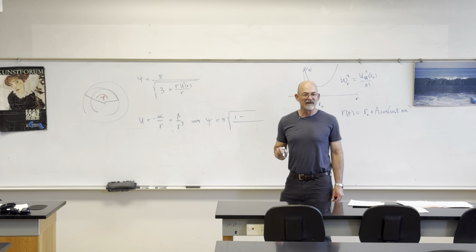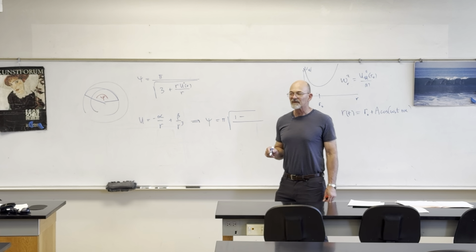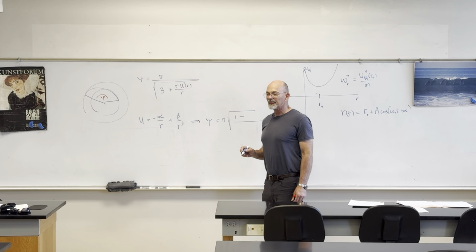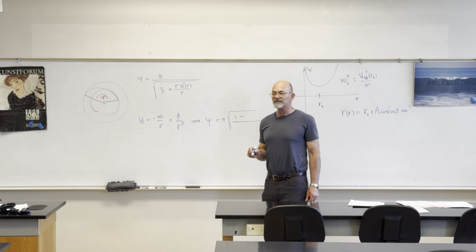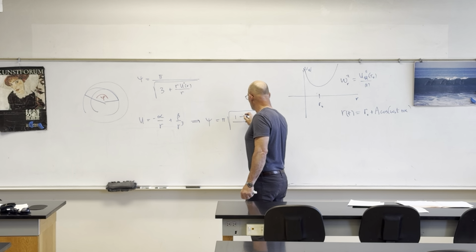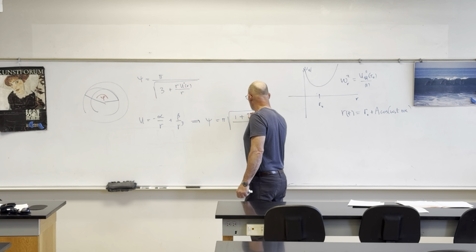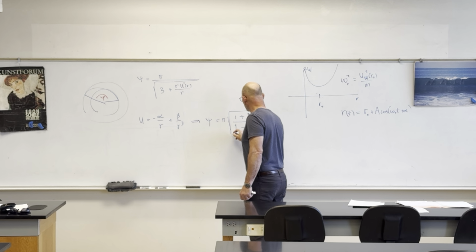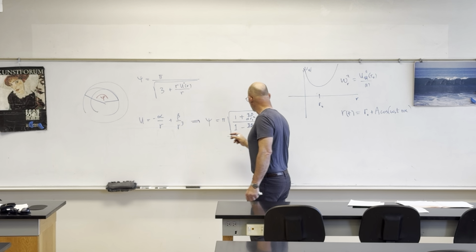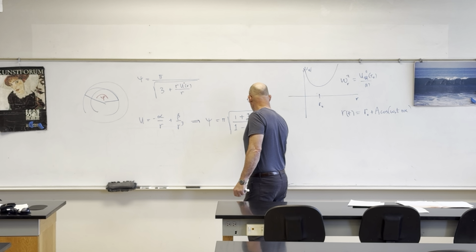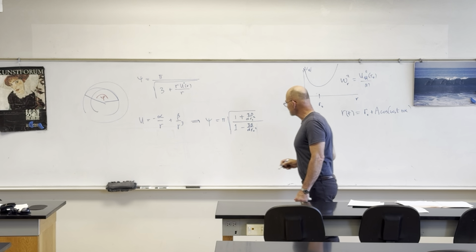Something like that. Anybody see that? I probably wrote it down for one of you guys. 1 plus 3 beta over alpha r squared. Yeah, okay. I was just trying to remember which one had the plus and which had the minus sign. I know I wrote it down for Eric, but he's not there. Oh, okay, well, that's great.